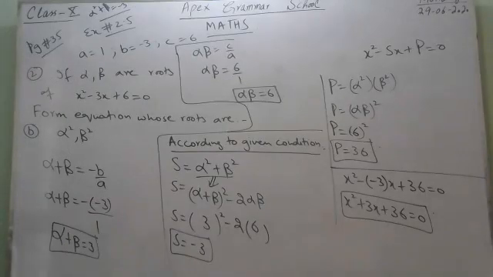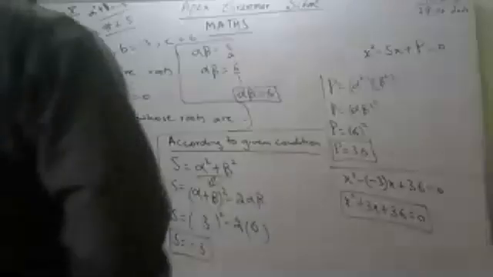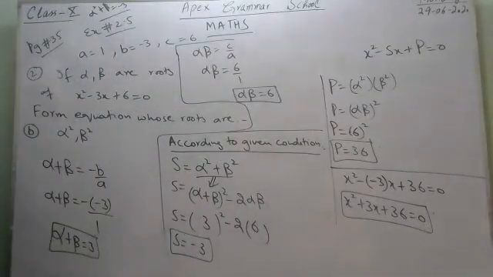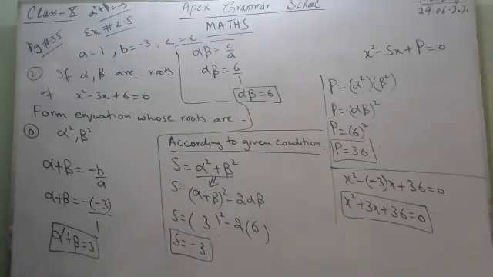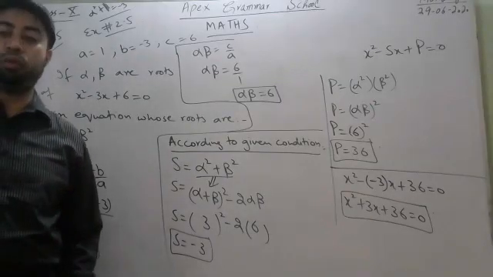After that, we have another 3 parts, and you can apply the same method, the same scenario against it. For example, in part C, you have 2 roots, 1 over alpha and 1 over beta. After applying them, you can make the sum of roots and product of roots.